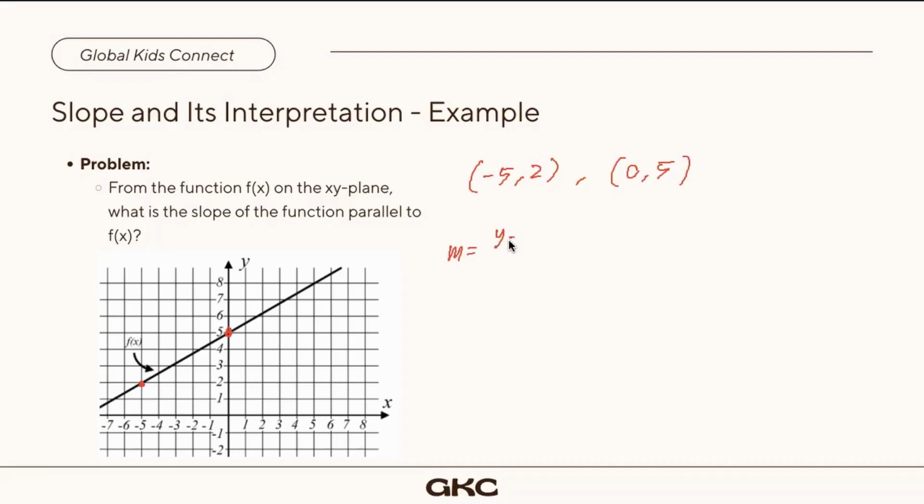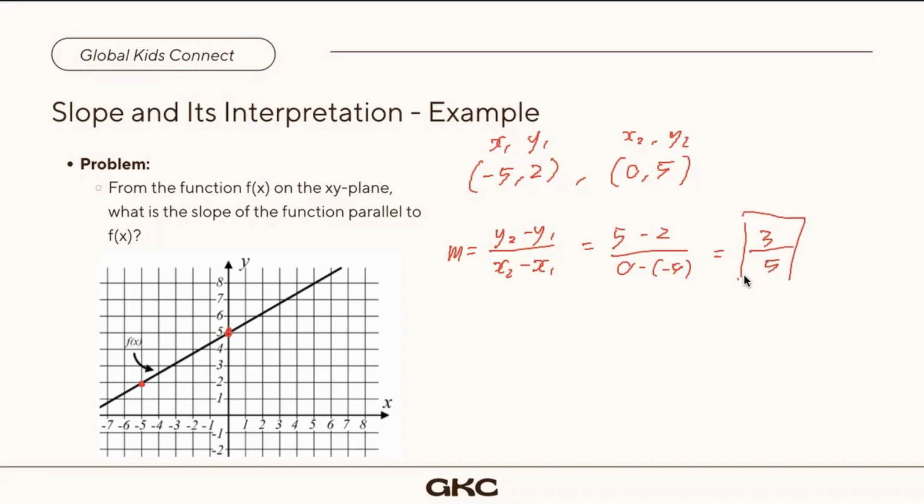Using our slope equation, the change in y over the change in x, with the second point as x2, y2, and the first as x1, y1, we can write 5 minus 2 over 0 minus -5. This, when simplified, is 3 over 5. And therefore, our slope is 3 over 5.